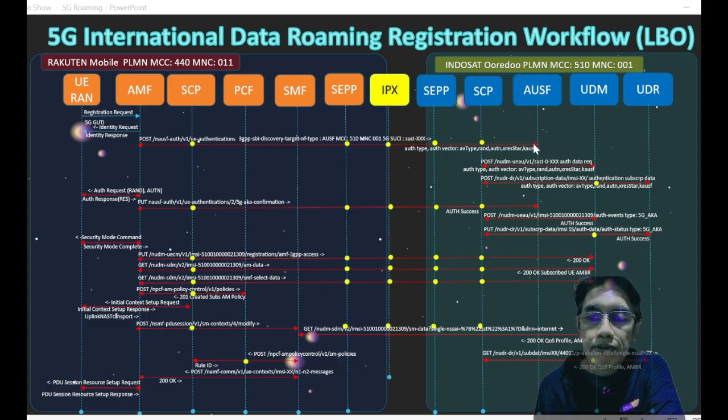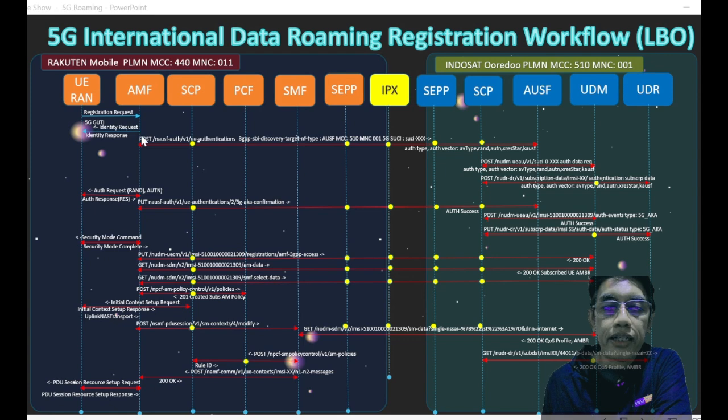The authentication server function will route back this message to the AMF in the visited PLMN via the home SCP, home SEPP, the IPX, visited SEPP, the visited SCP, and then received by the visited AMF.